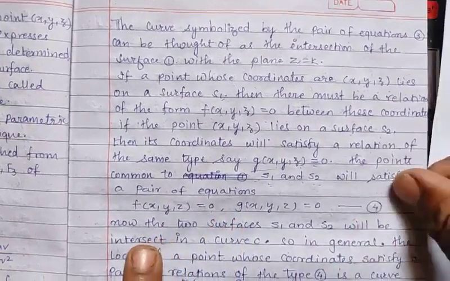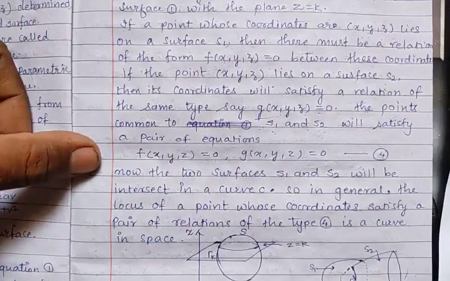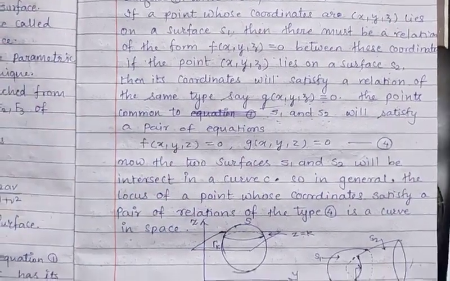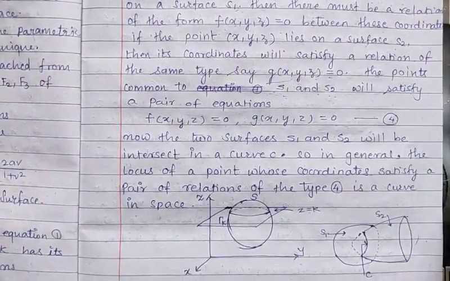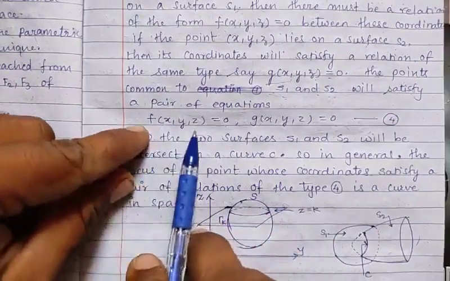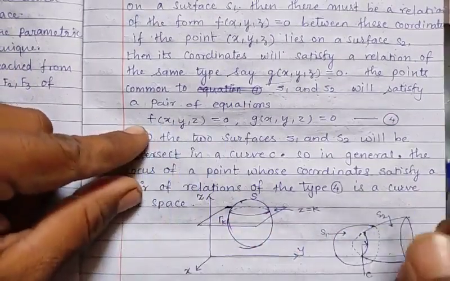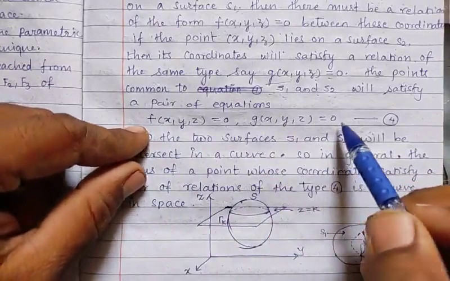Now the two surfaces S1 and S2 will intersect in a curve. So in general, the locus of a point whose coordinates satisfy a pair of relations of the type 4. Now the first surface is f of x, y, z is equal to 0. Call this the first surface, and the second surface is j of x, y, z is equal to 0.